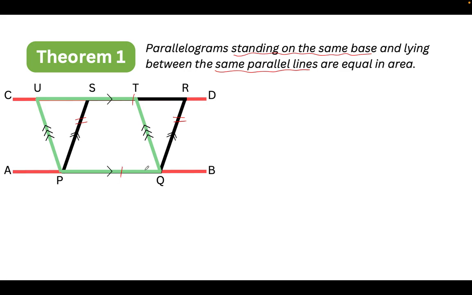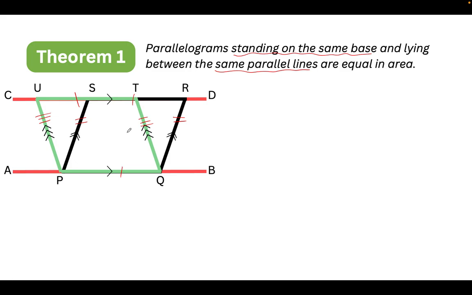So PQTU is also a parallelogram. And the length of this green line, UT, is also equal to PQ, because the opposite sides of a parallelogram must be equal. Okay, these are the two parallelograms.